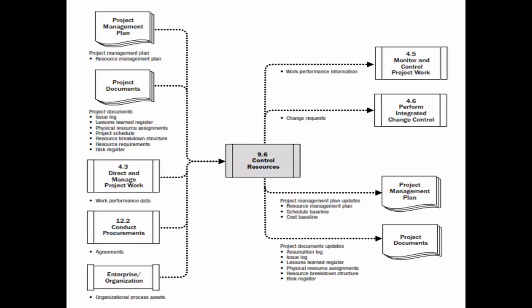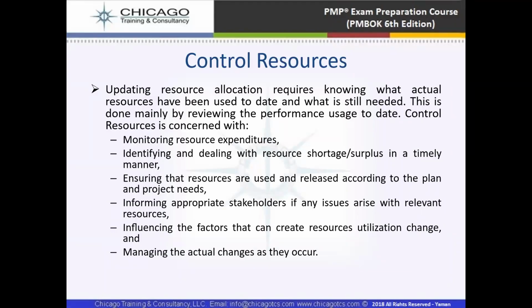This is a flow chart again. What is control resources basically? Updating resource allocation requires knowing what actual resources have been used to date and what is still needed. This is done mainly by reviewing the performance and usage to update. Control resources is concerned with monitoring resource expenditures, identifying and dealing with resource shortages and surpluses in a timely manner, ensuring that resources are used and released according to the plan and project needs, and managing the actual changes as they occur.